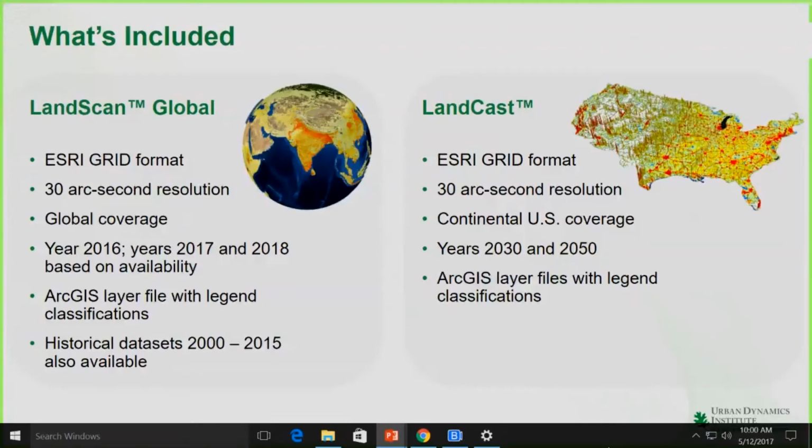As far as temporal availability, LandScan Global, this would be for the year 2016, and then 2017 and 2018 would be based on availability. For LandCast, it's, as Jake mentioned, years 2030 and 2050. And then this data will also include an ArcGIS layer file with legend classification, so it's easy to import. And also for LandScan Global, we do have historical data sets available ranging from the year 2000 to 2015.